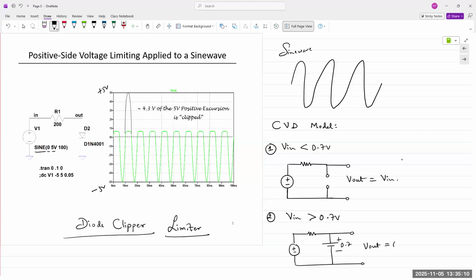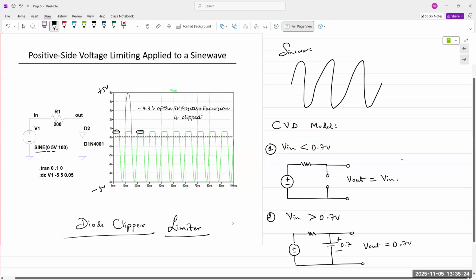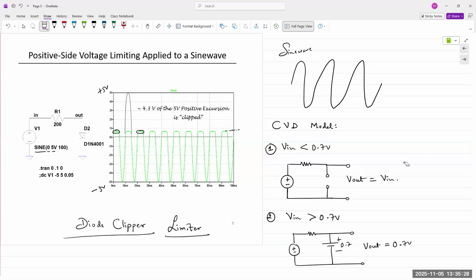So V out is equal to 0.7 volts. And we see that here in these places right there. Okay, all of these indicate the diode turn on voltage.